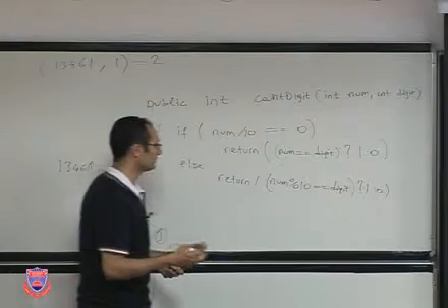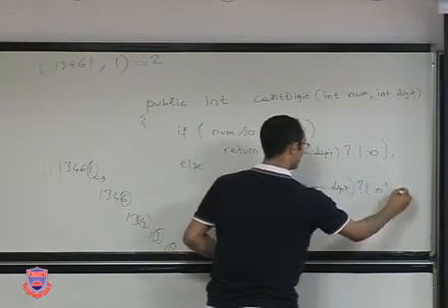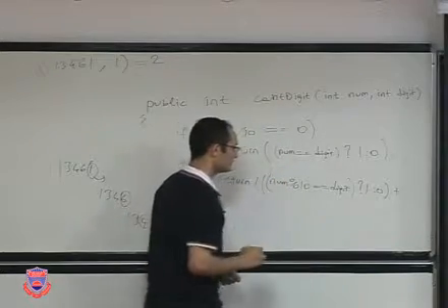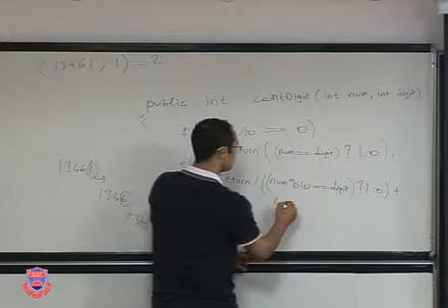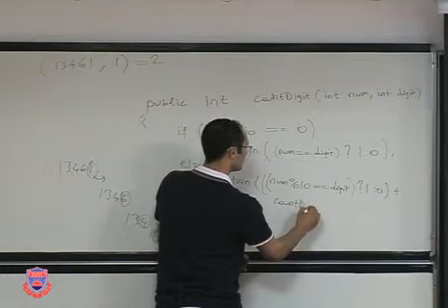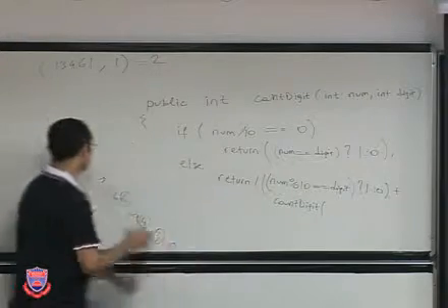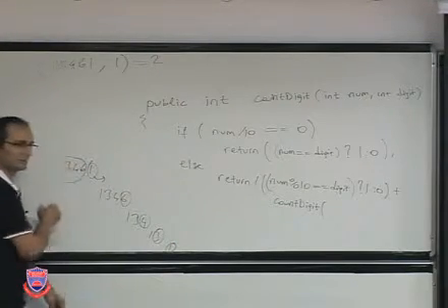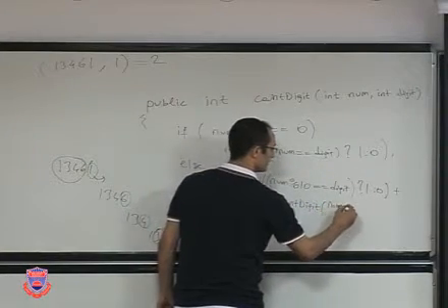And then on top of that, what am I going to call? I will add one more thing, which is going to call the recursive method countDigit. So now the new number is going to be only this part, which is going to be num divided by 10.